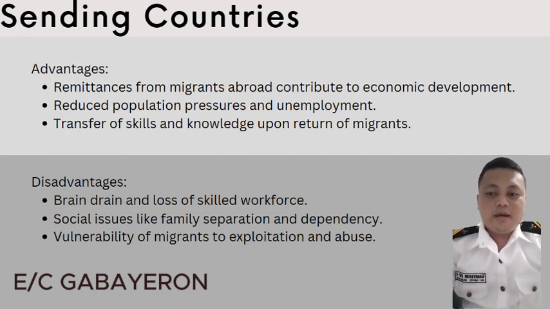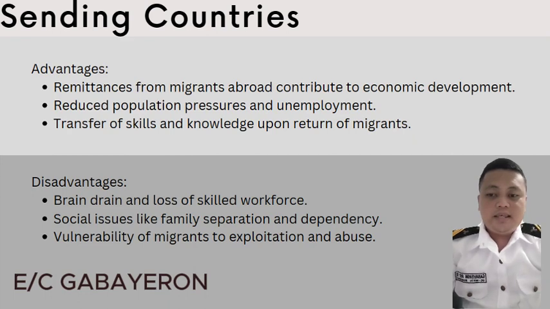Number two is dependency burden. Migration can result in a decrease in the working age population, leading to increased dependency ratios and strain on the social welfare system. Number three is economic instability.